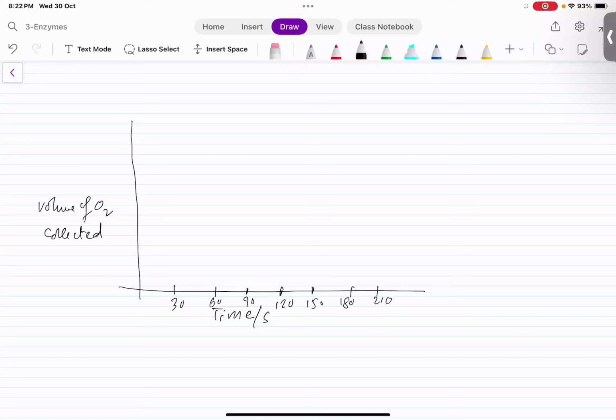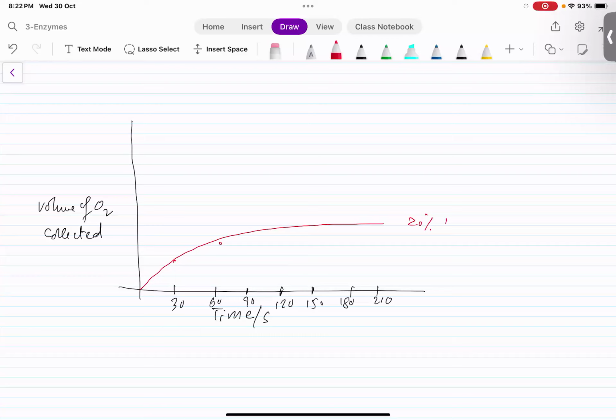So we investigated the effect of the lowest concentration of enzyme or plant extract on the volume of oxygen collected over a period of time, and the volumes collected were plotted on a graph, and this was at 20%, for example. Then we repeated this experiment at 40% plant extract.